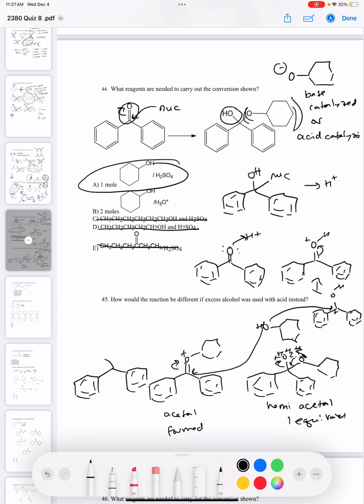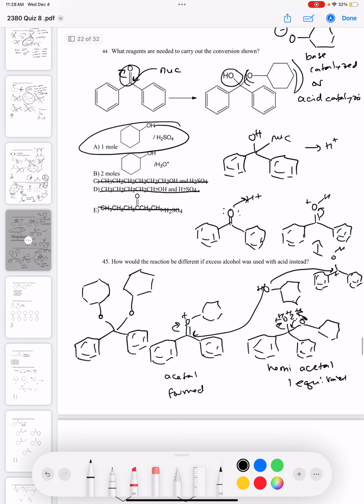If you remember the 2 OR groups. I don't know if that's supposed to be a 6-membered ring, but it looks kind of crazy. Might be 7. So we end up with this if we react with excess. So to make it stop, we'd have to be really specific about using one equivalent.